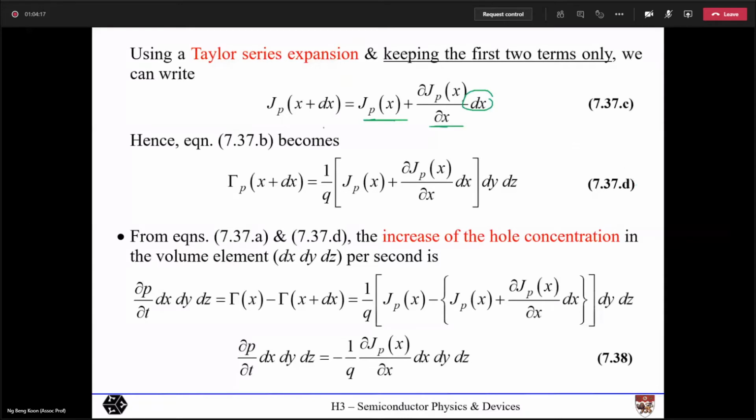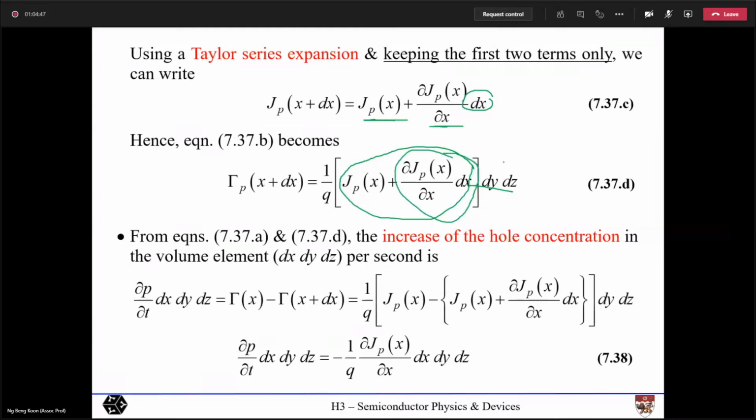With this, we can rewrite the number of holes flowing out from the right-hand side of the box as a function of Jpx. We do an approximation to relate the current density coming out from the right-hand side to the current density on the left-hand side, using this derivative term.